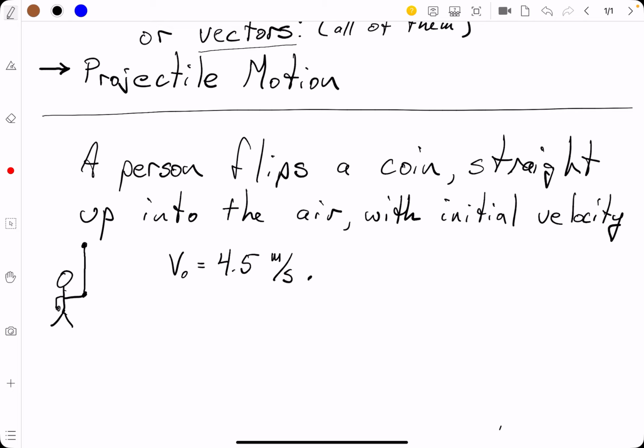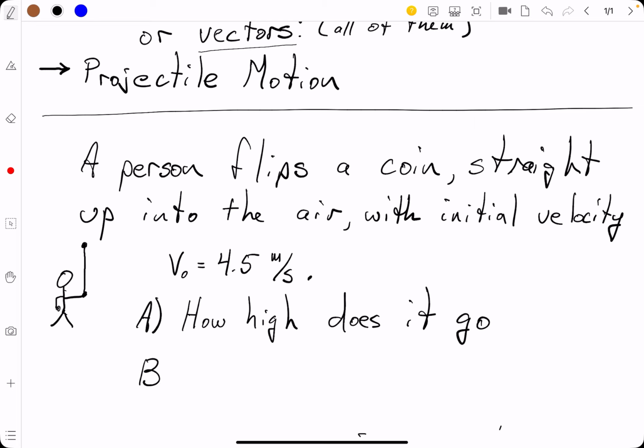We've got a couple of questions. A: how high does it go? And B: how long is it in the air total?